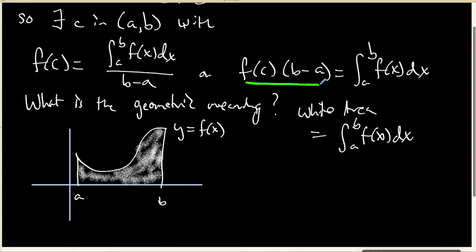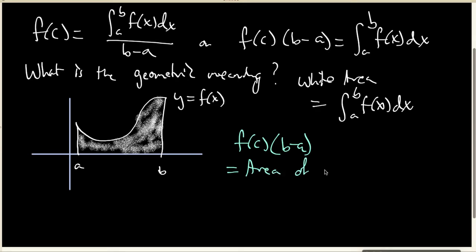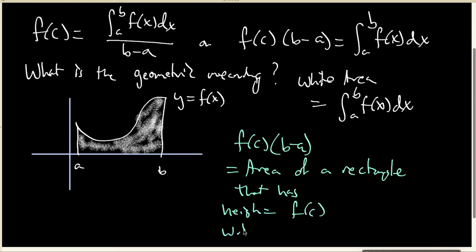This particular side can be thought of as the area of a rectangle. And I'm going to put this in a different color. f of c times b minus a is the area of a rectangle that has height equal to f of c and width equal to b minus a.